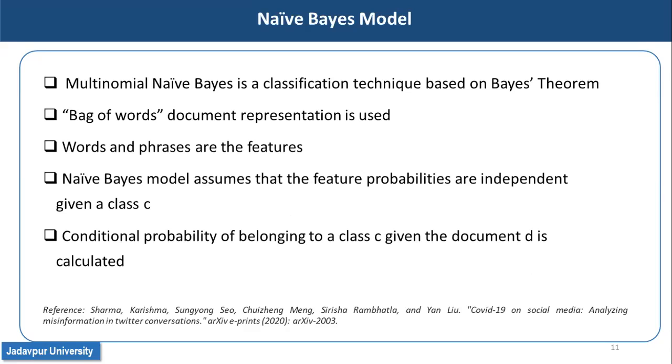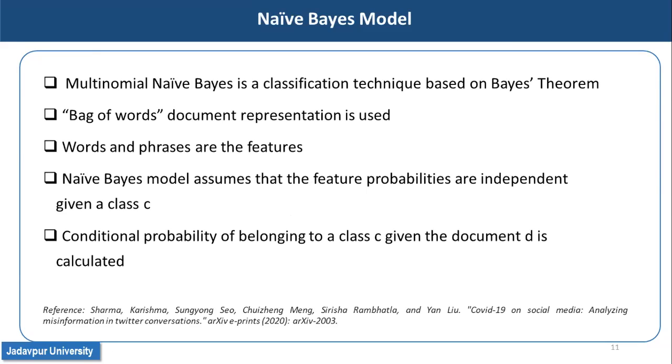So we discussed the naive Bayes model a little bit. Multinomial naive Bayes is a classification technique based on Bayes theorem, and the documents are taken as a bag of words representation, a collection of words.